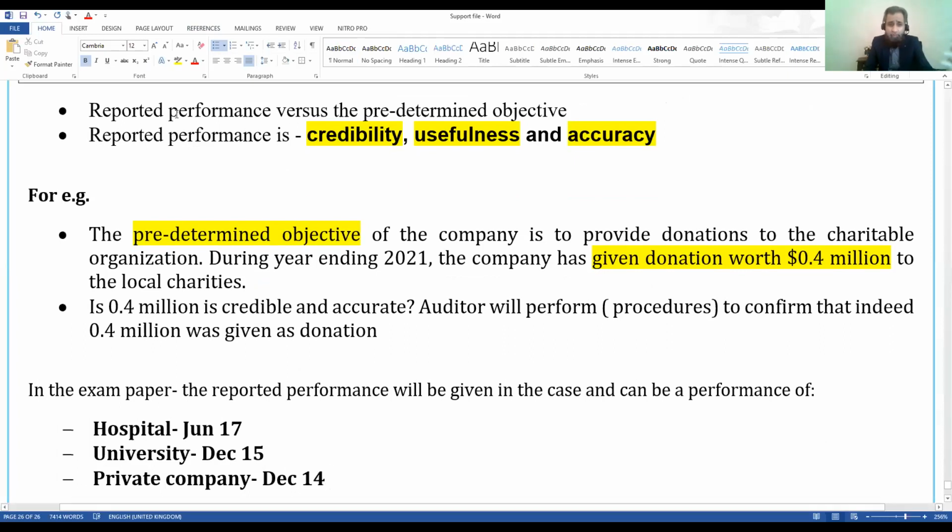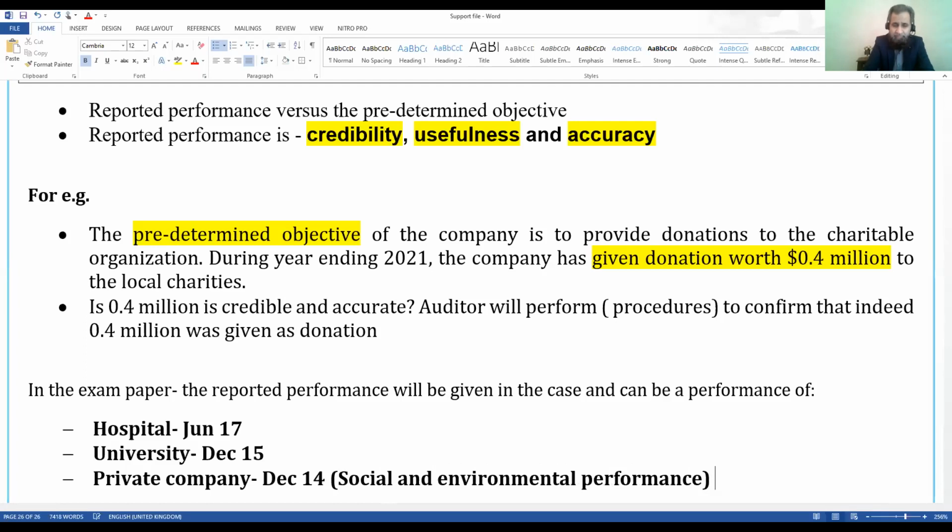So examiner can give you performance in any form. It could be a hospital performance, a university performance, and in the private company, it was basically the social and environmental performance. Social and environmental performance is part of your CSR.